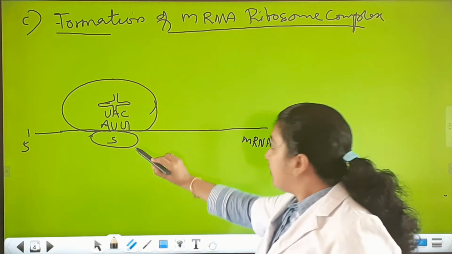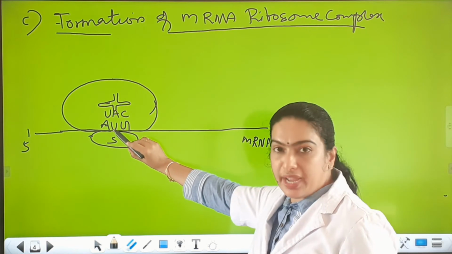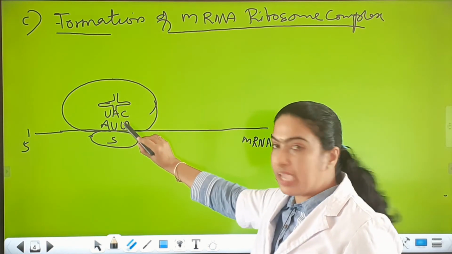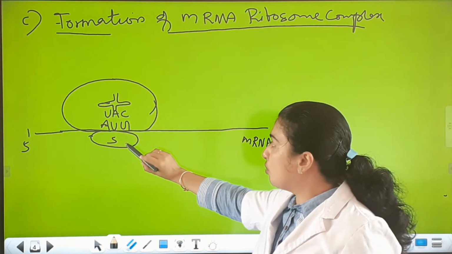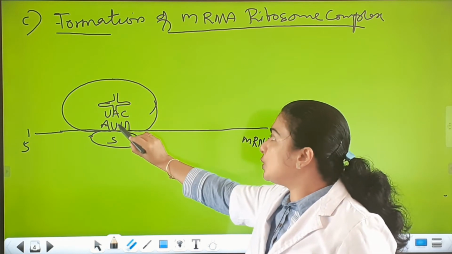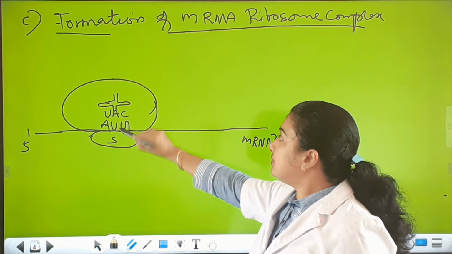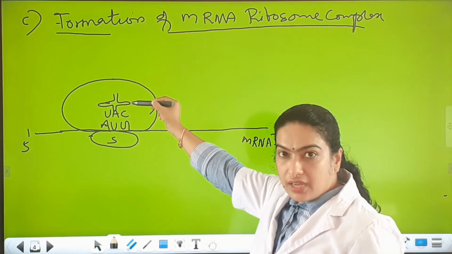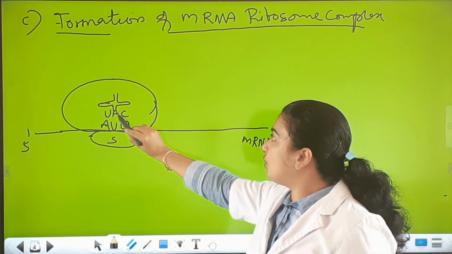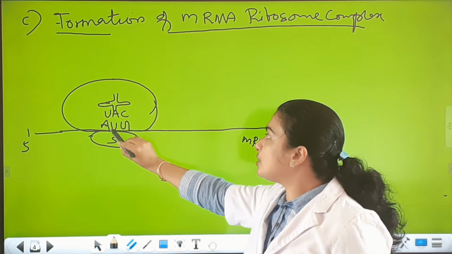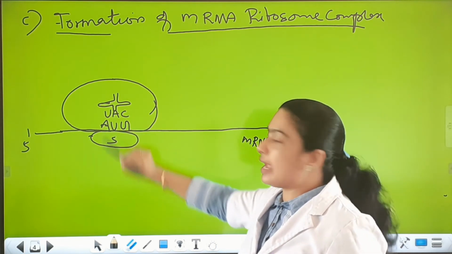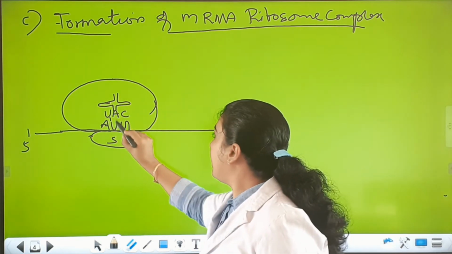So first, the smaller subunit binds with the start codon of mRNA, or we can say the smaller subunit binds with the AUG codon of mRNA. Then the charged tRNA with anticodon UAC base pairs with the start codon of mRNA.